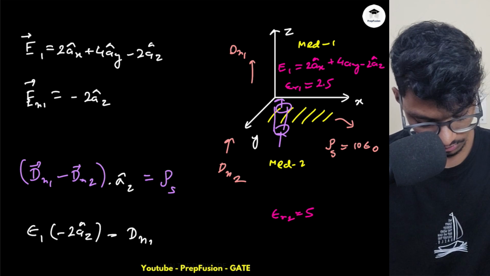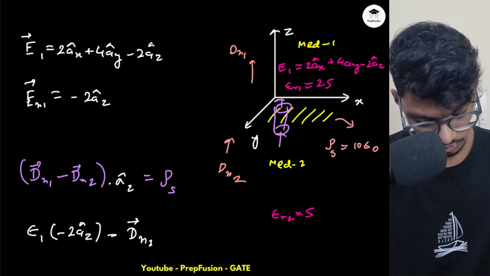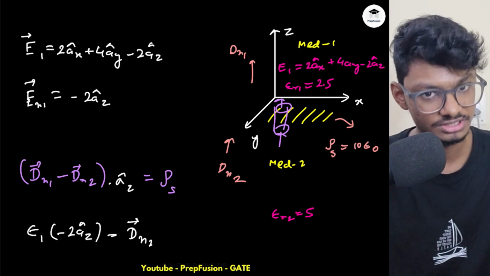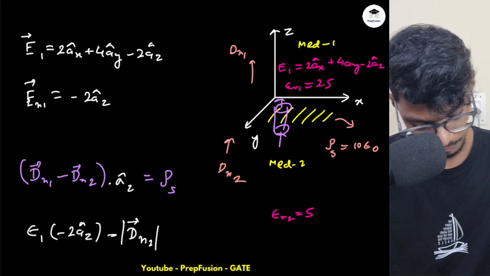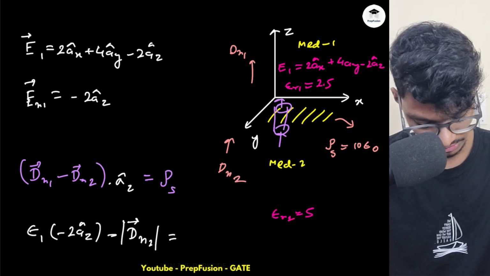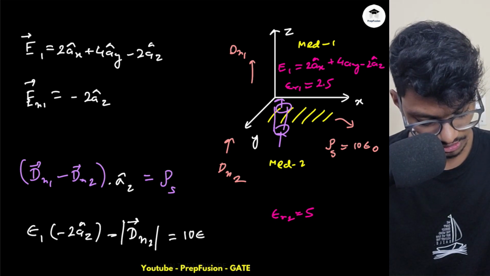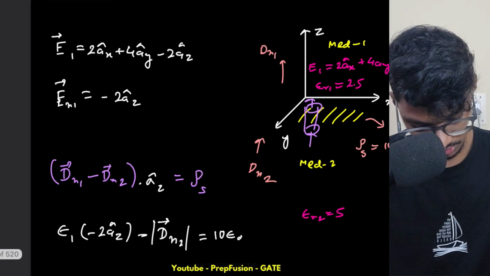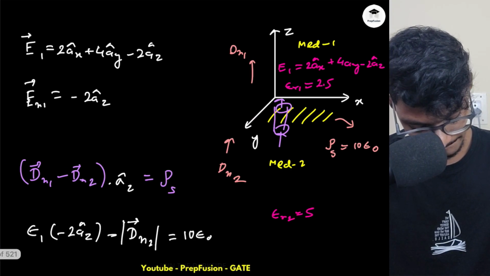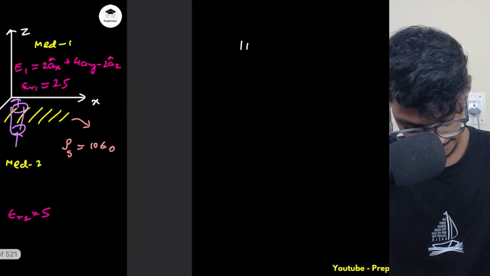Minus dn2, which I don't know. Dn2 dot az will give me just the magnitude of dn2 in the positive az cap direction, which is equal to rho s, which is 10 epsilon naught.